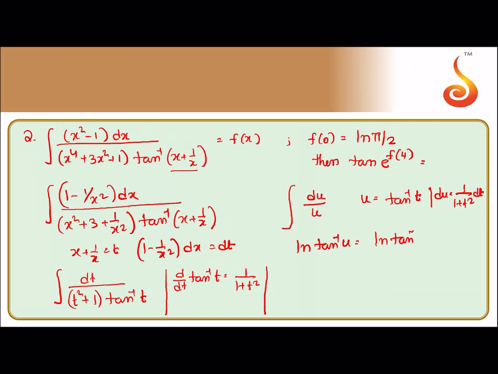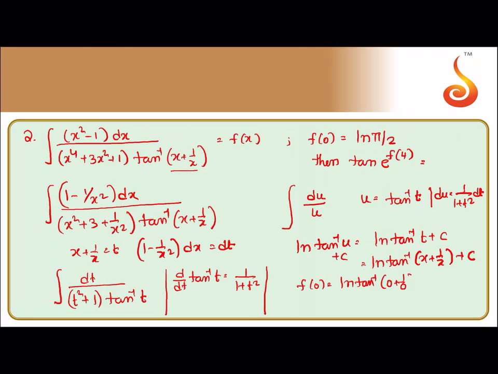So, this will give you log tan inverse u, which is in turn log tan inverse t plus c, of course everywhere plus c. This is equal to log tan inverse x plus 1 by x plus c. This is f of x.